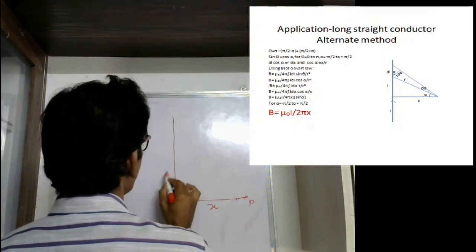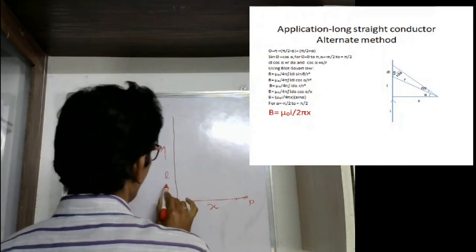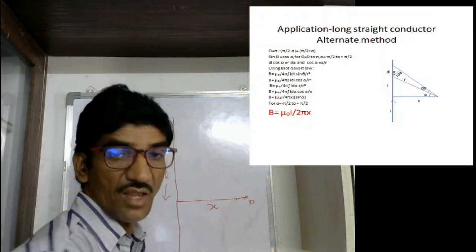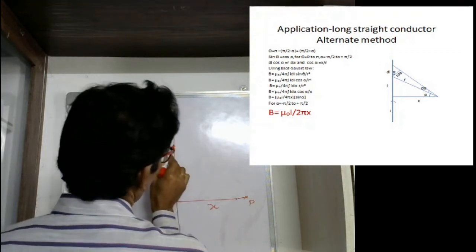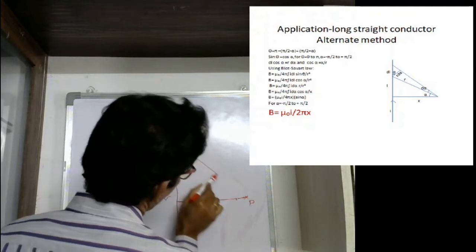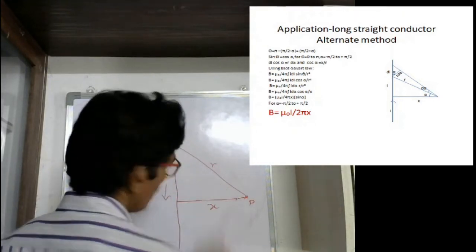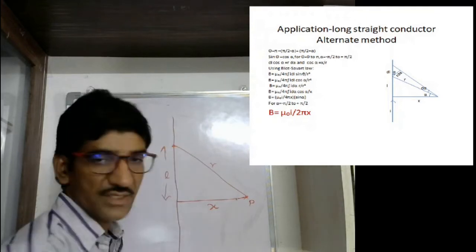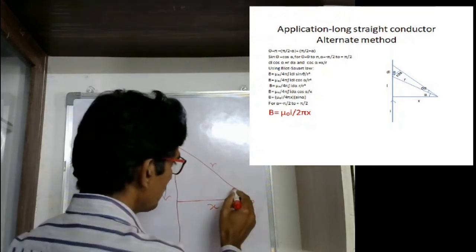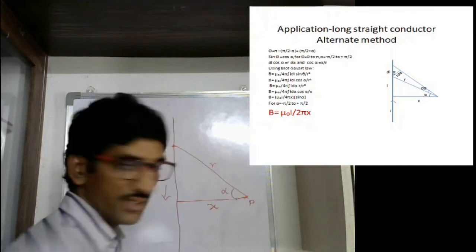Now, let us consider the length L of the conductor. Let us draw one line from this point to P and call this R. Suppose that this L makes angle alpha at P.